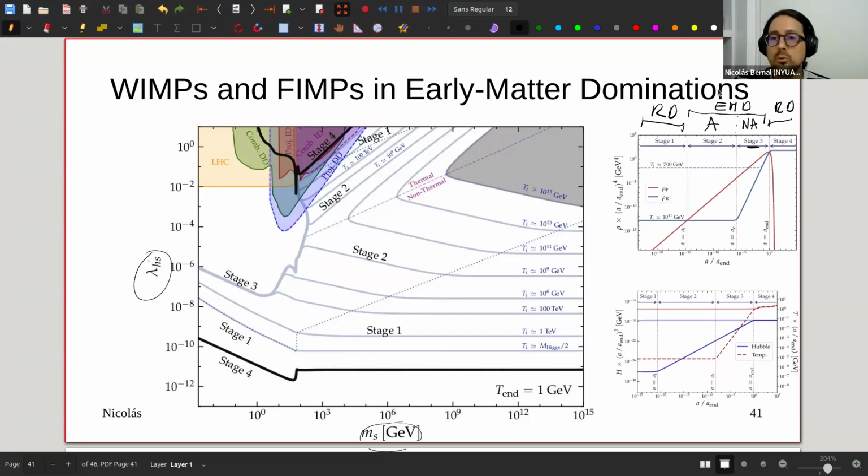So you can imagine that, but this particle has to decay at some point. And that's the idea of this early matter domination. It's really before equality, so it's really before BBN. When it decays, it pumps all the entropy and energy into radiation again, and then you have radiation domination.